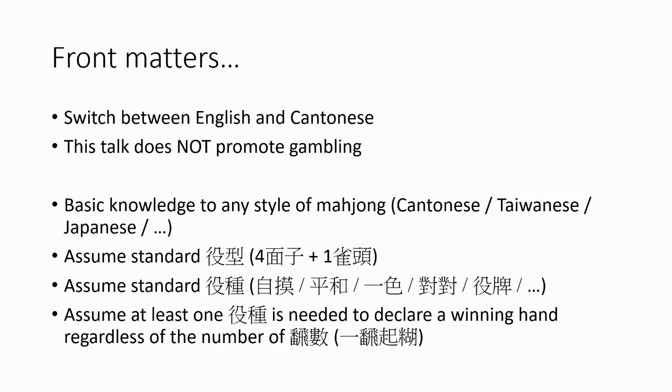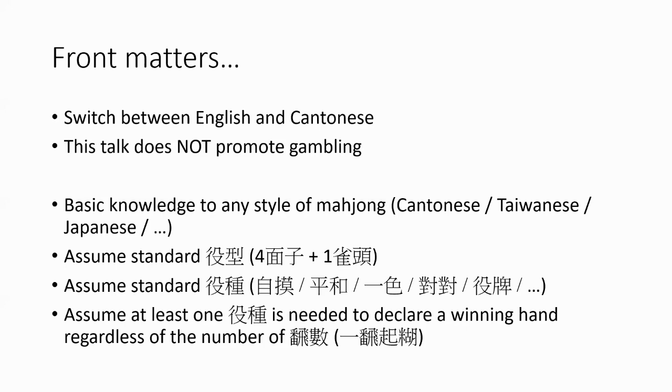But before I go into the main content for this talk, allow me to make some disclaimers first. We will mention some technical terms like 萬子, 筒子, 索子, or even 清一色, 混一色. For those technical terms, it is difficult for me to translate them into English.